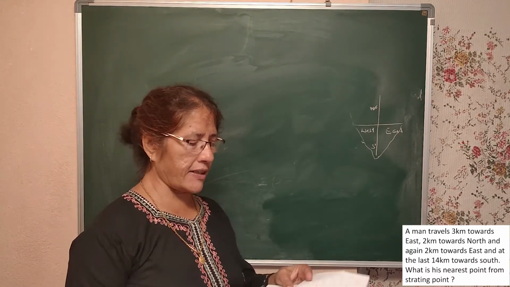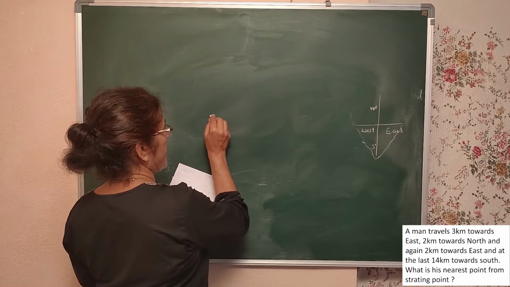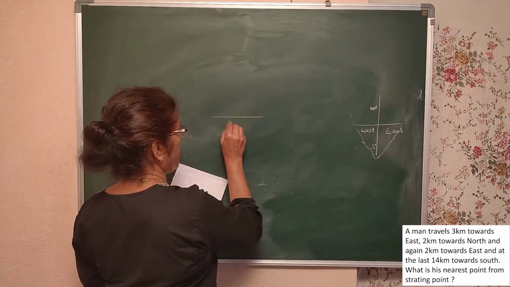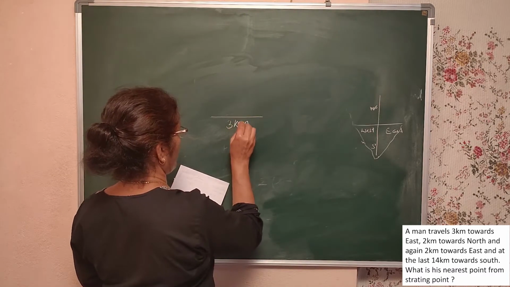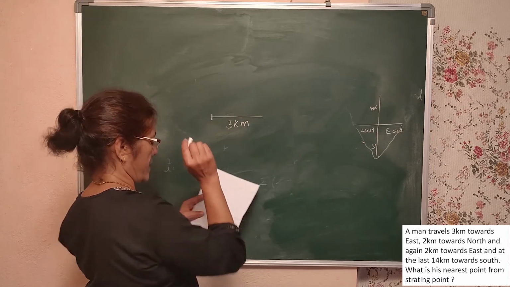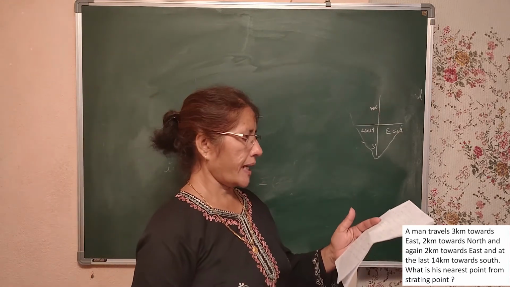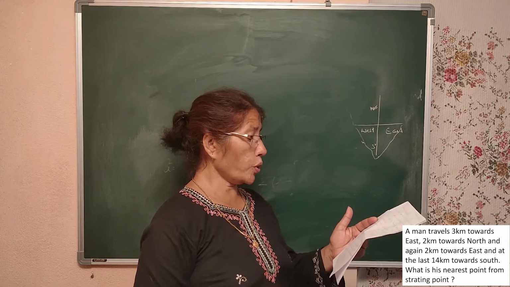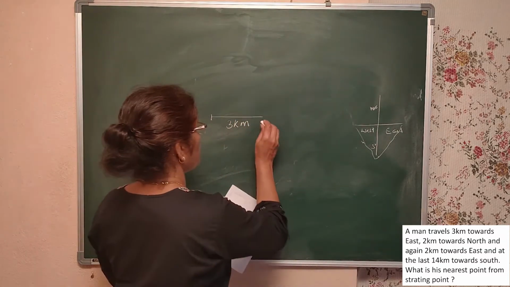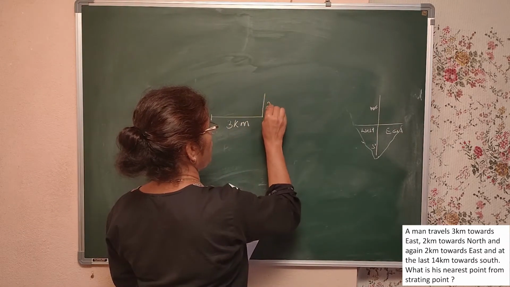So, as you read the question, you do it. A man travels 3 kilometers east. So, 3 kilometers east. He starts from here, A, towards east. And 2 kilometers towards north. 2 kilometers north.